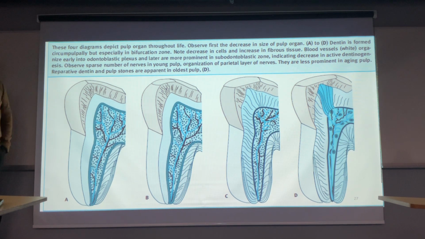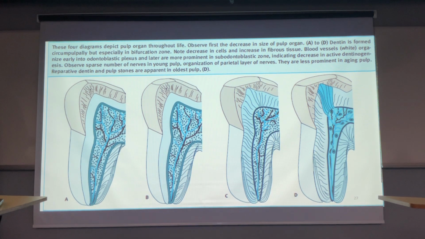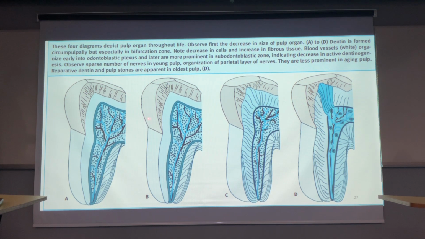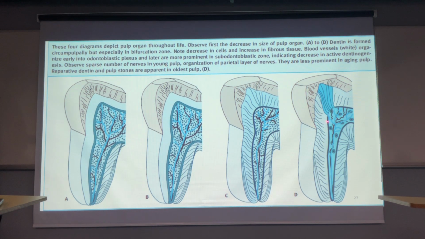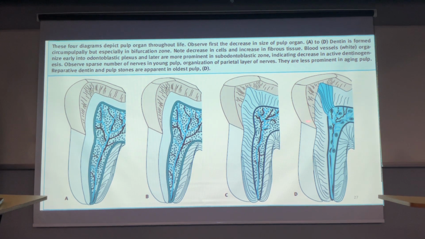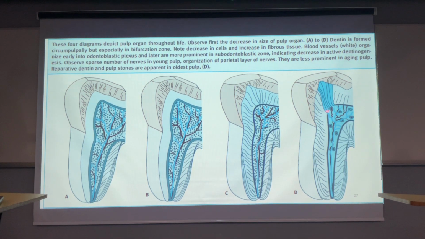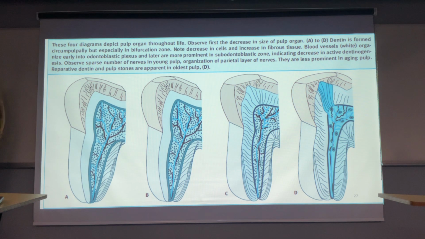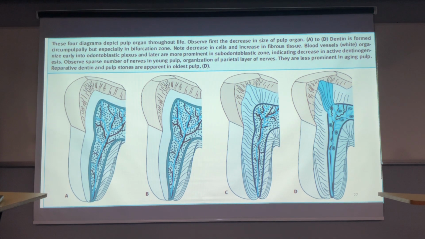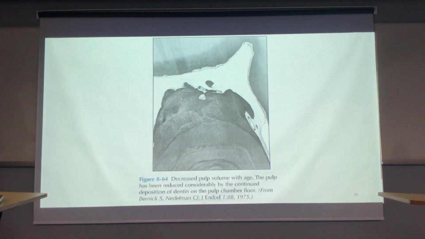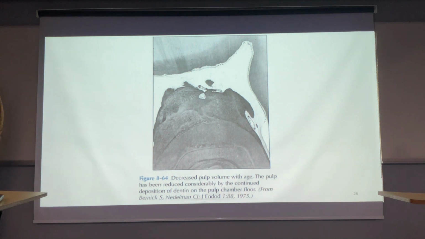Here you can see the aging of the pulp, and we talked about that. As you can see, with increasing age the pulp volume decreases, and the number of cells also decreases. Here you can see the volume of the pulp decrease.